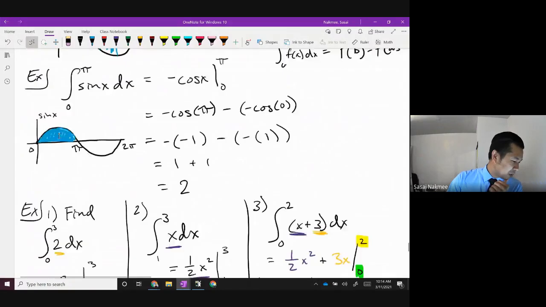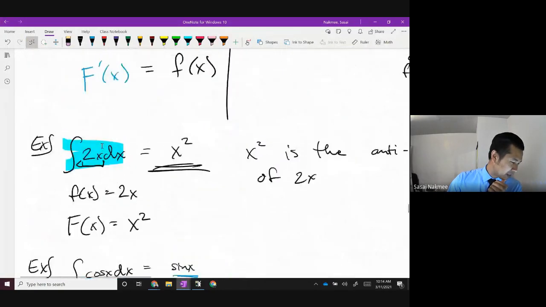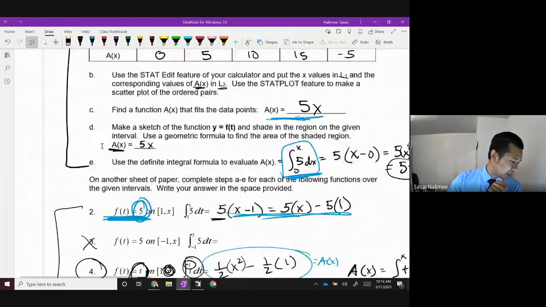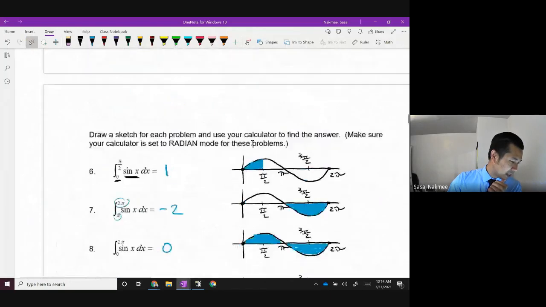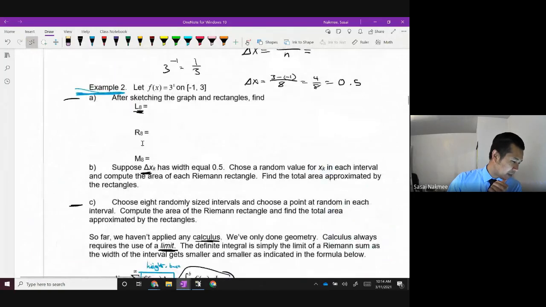So remember, when we first learned about this integral notation, I taught you guys that it actually comes from the idea of calculating a bunch of areas underneath the curve. If we use LRAM, RRAM, or MRAM, and I had 8 rectangles, 20 rectangles, those are all estimates.